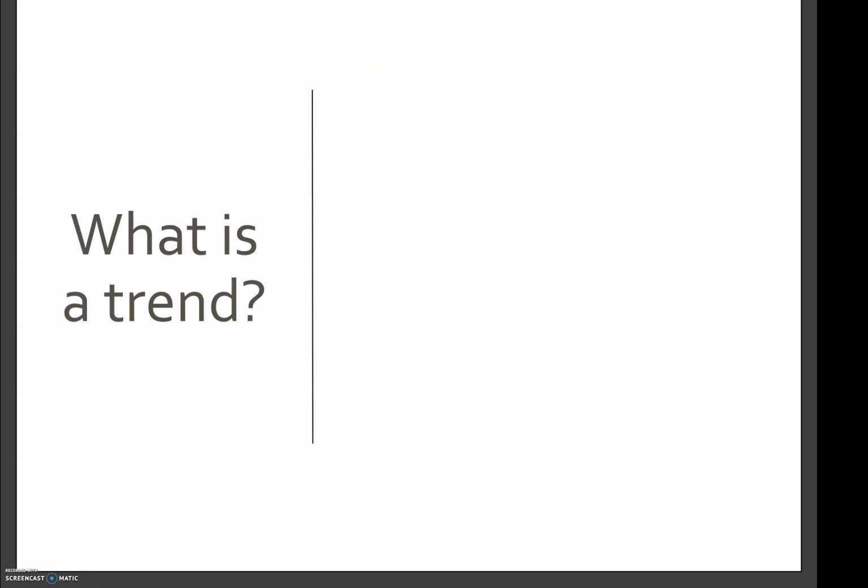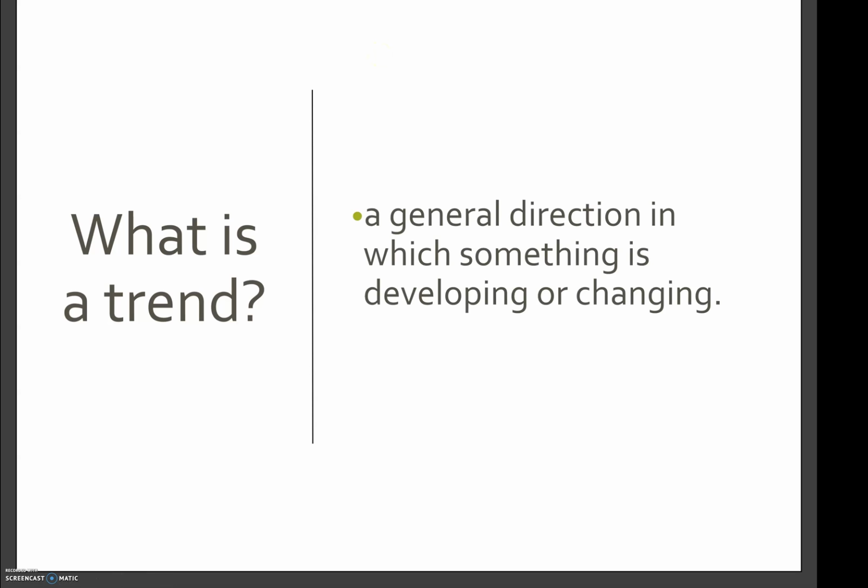So let's begin with, well, what is a trend anyway? Well, a trend indicates that there's some sort of general direction in which something is going to develop or change. For example, I may notice that students in my first block class tend to be a little quieter and maybe even exhibit evidence of being a little sleepier.